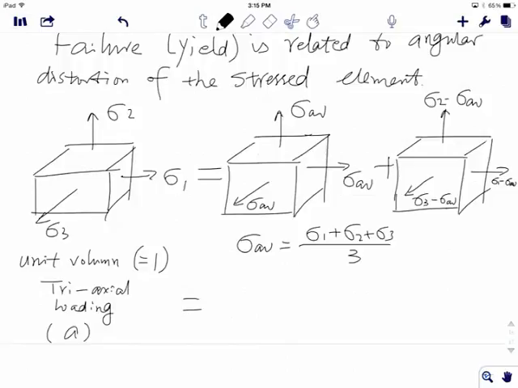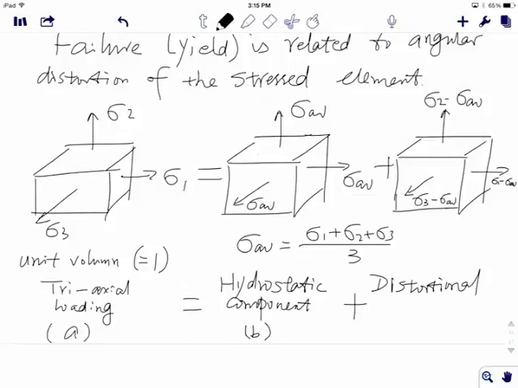Over here, we can call this the hydrostatic component. We call this case B, and plus C is the distortional component, which is the component C, right?